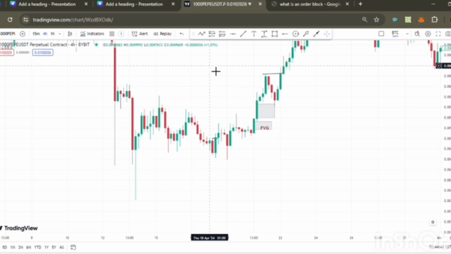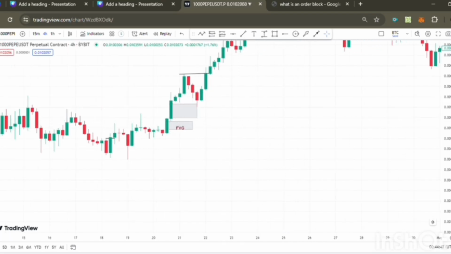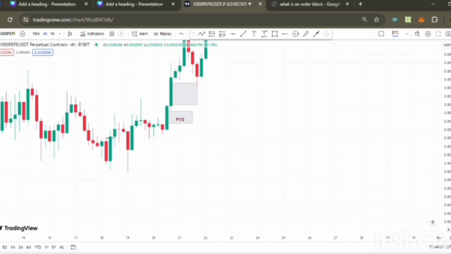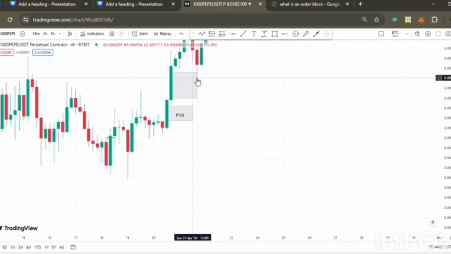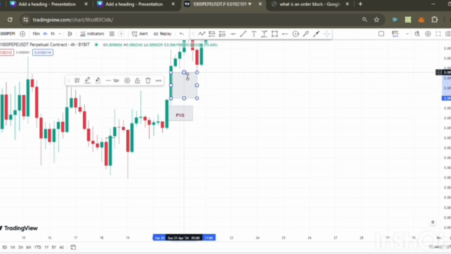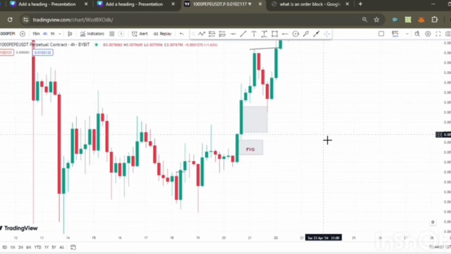A strong valid order block must meet the whole criteria that I mentioned as the rules before you consider it a strong valid order block.